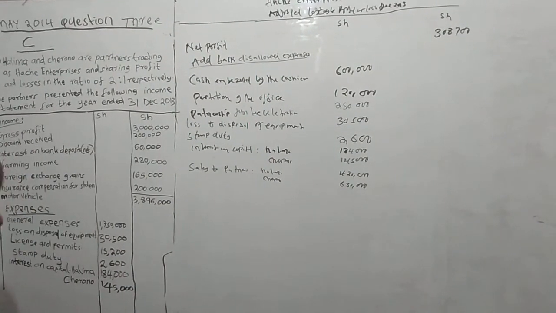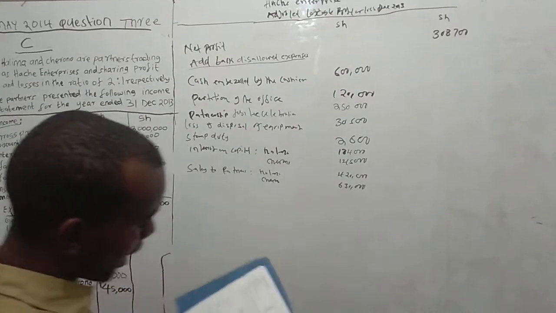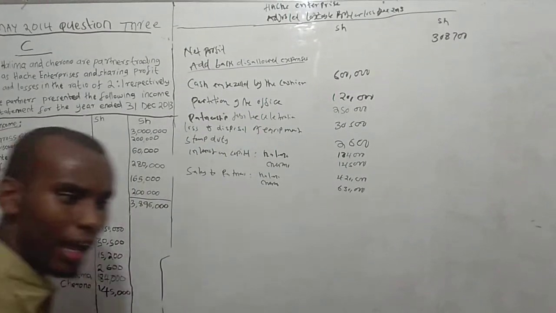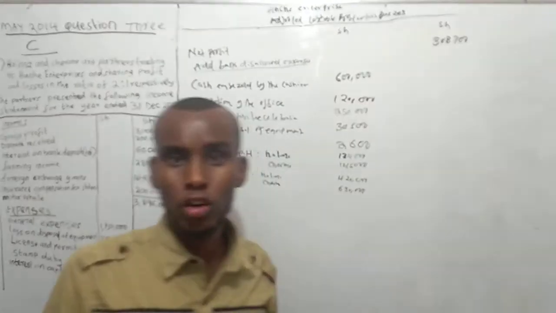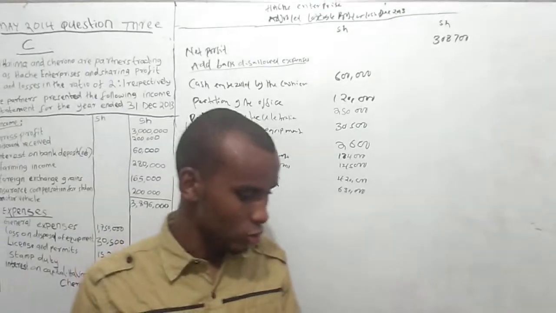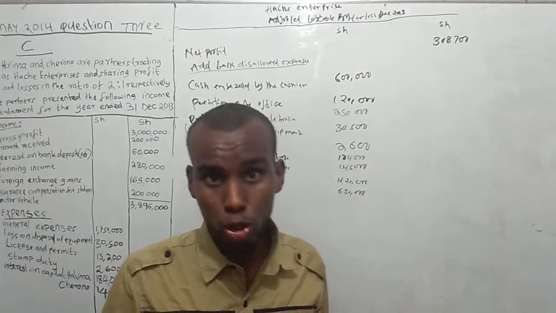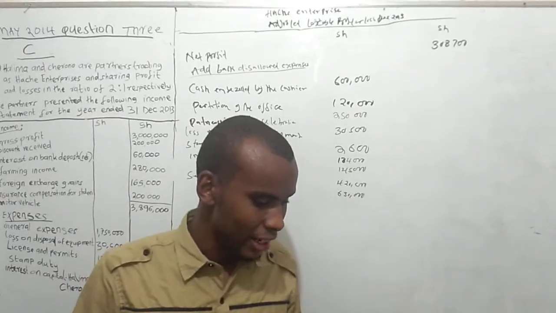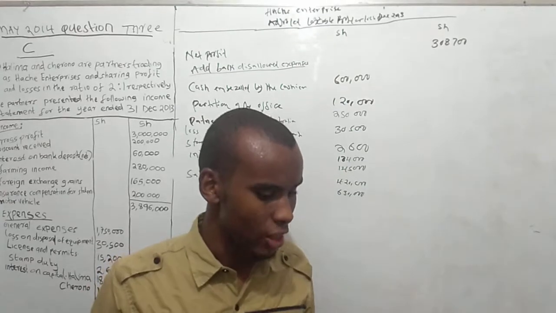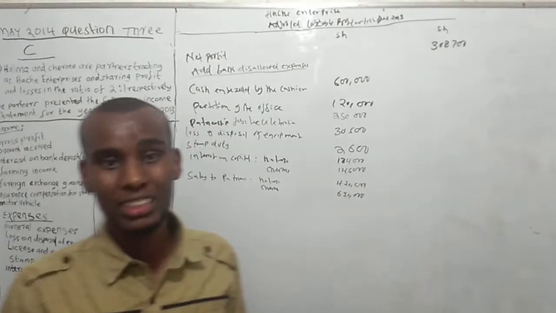Rent and rate is 40,000. But remember, our period is only from January to December 2013. If you look at the additional information number 2, we are told rent and rates relate to a period of 15 months commencing 1st January 2013.